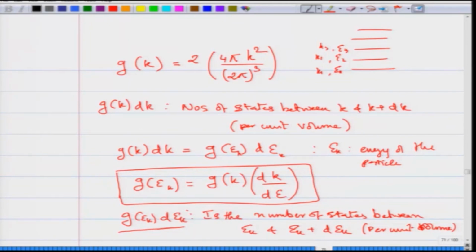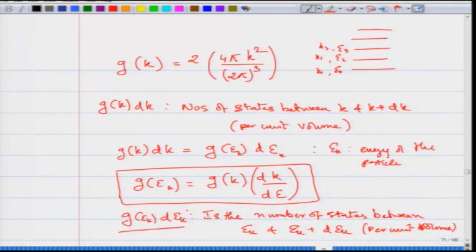So, the total number between k and k plus dk is equal to G of E dE, where G of E dE is the total number of states which are available between energies E and E plus dE.